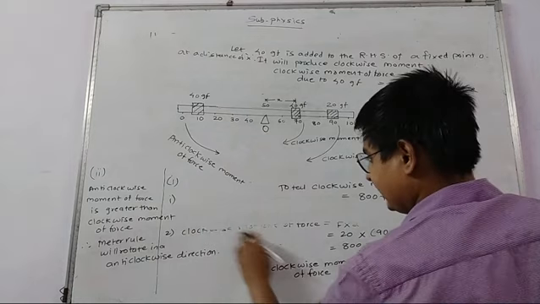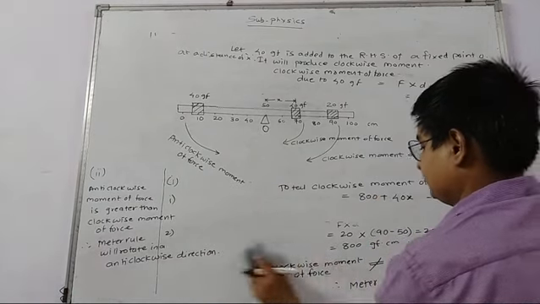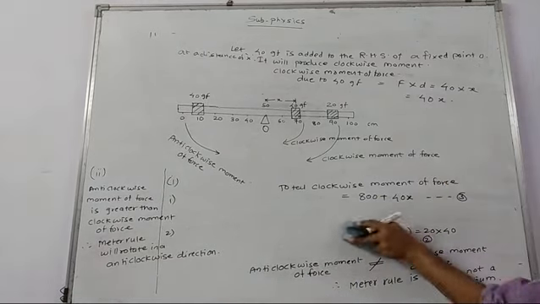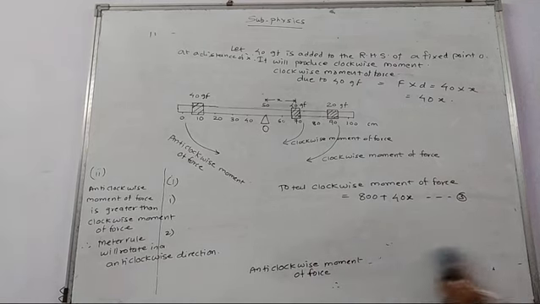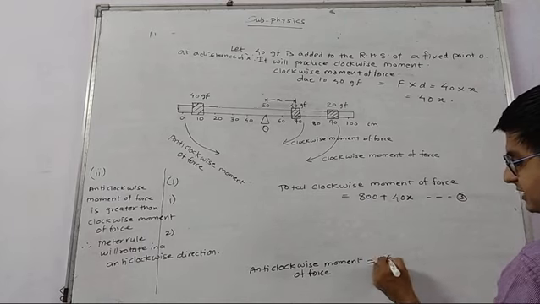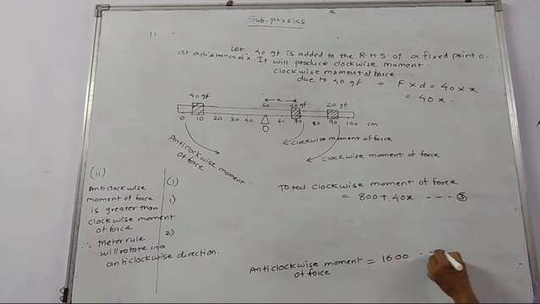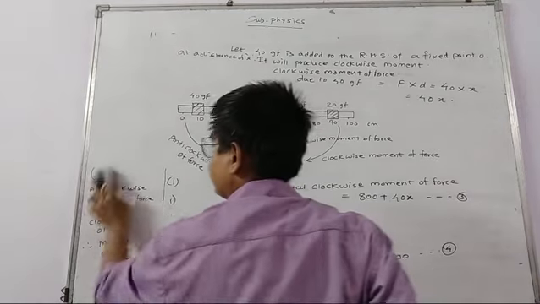Now that should be equal to what? The anti-clockwise moment, which remains the same. The anti-clockwise moment of force is 1600. That is number 4.